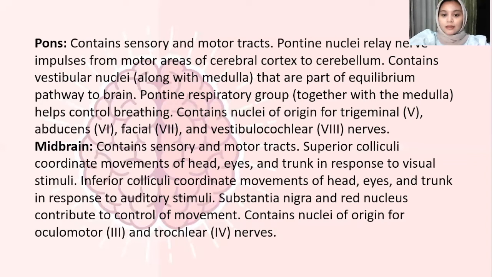This nuclei in the midbrain provides motor impulses that control movement of the eyeball, while accessory oculomotor nuclei provide motor control to the smooth muscle that regulates constriction of the pupil and change in shape of the lens via the oculomotor nerve.